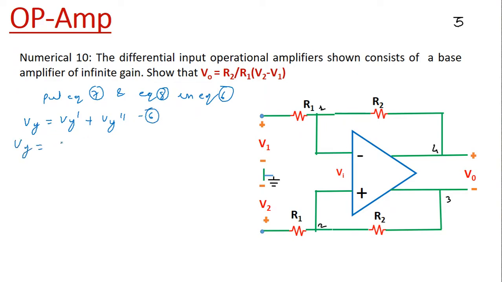So Vy is equal to, directly I am writing, 1 upon R1 plus R2 whole multiplied by V2 R2 plus V3 R1. So this is our equation number 9.